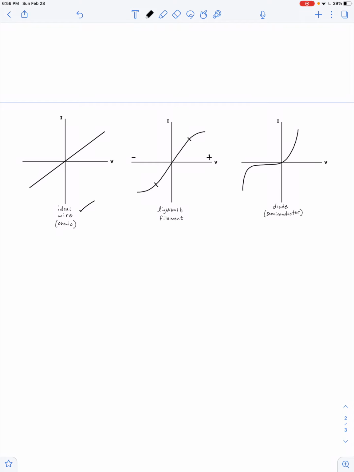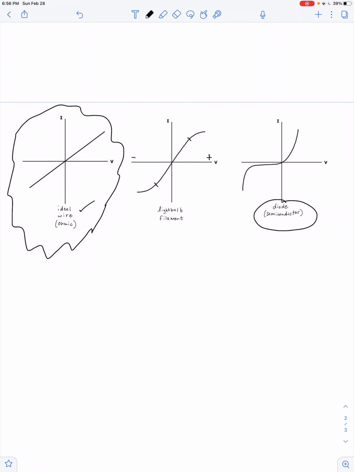And lastly, the graph of current versus voltage for the diode. So only the first case could we apply Ohm's law. So hopefully you understand what we mean by ohmic devices versus non-ohmic. Much of our study will be focused on the conduction of electrical currents through metal wires.